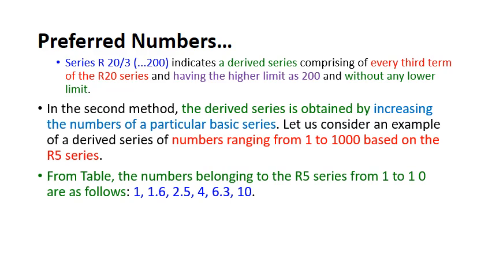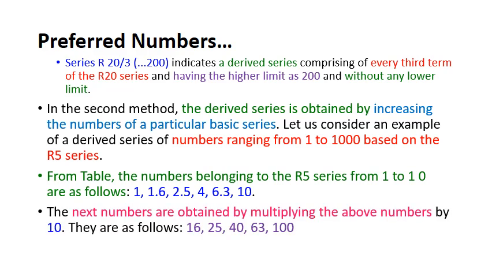These are the first 5 terms. From 1 I have to go till 1000. I get the next terms just by multiplying the existing ones by 10. We have 10 already, so you don't need to multiply 1 again to get one more 10.